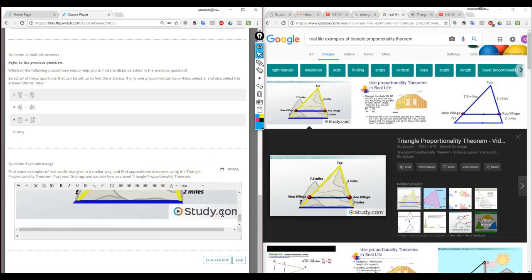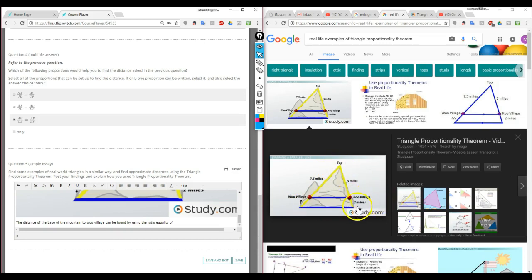And then now I would say, okay, well, the distance from the base of the mountain to Woo Village can be found by using the ratio equality of, I'm going to say base to Woo Village compared to Woo Village to the top, and base to Roo Village compared to Roo Village to the top.